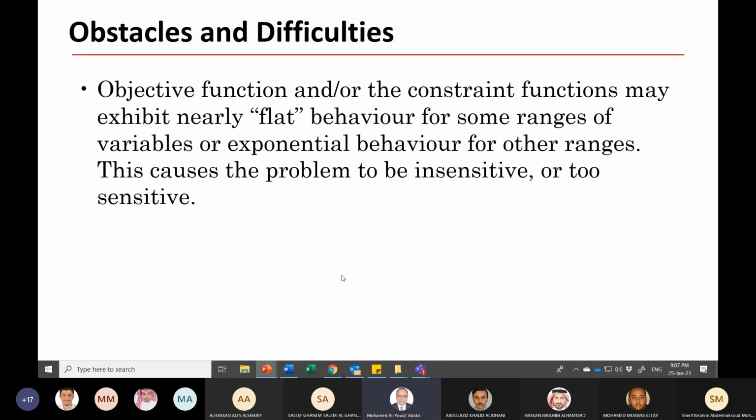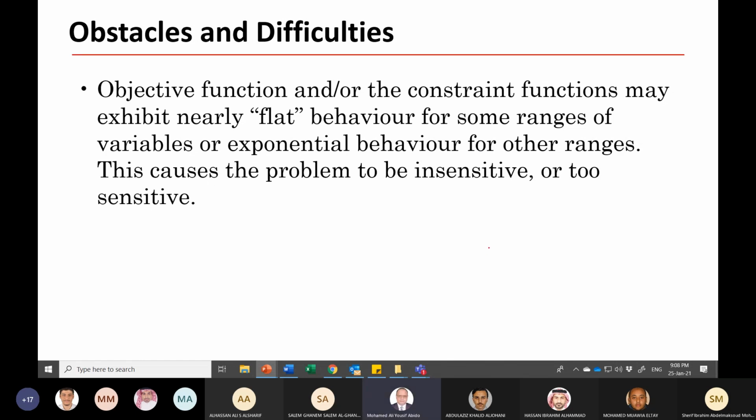Also, objective functions and or constraint functions may exhibit nearly flat behavior for some ranges of the variables, or exponential behavior for other ranges. And you may have some kind of sensitivity in the functions there. This causes the problem to be insensitive or too sensitive.